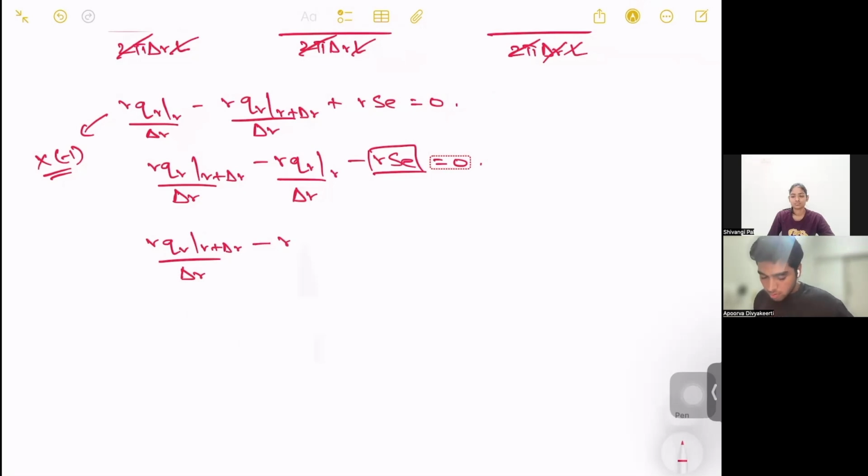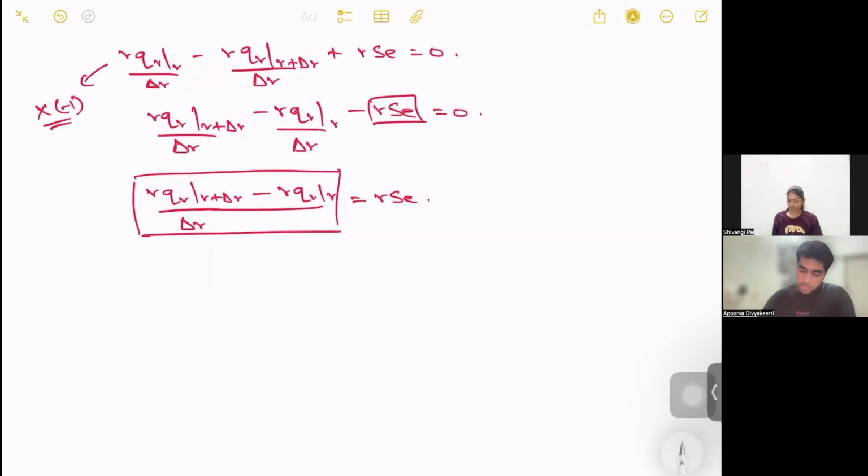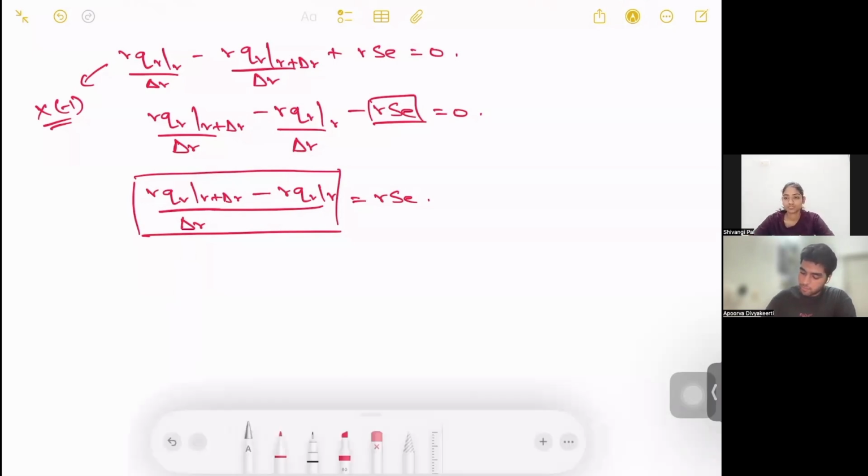Now you will ask me, why did I divide it by 2 pi delta R into L? Why did I want the differential to come in the denominator? Because we are going to use the differential form. So we divided this by delta R to get it in the differential form. What is the differential form?